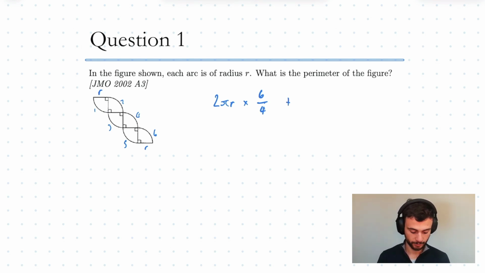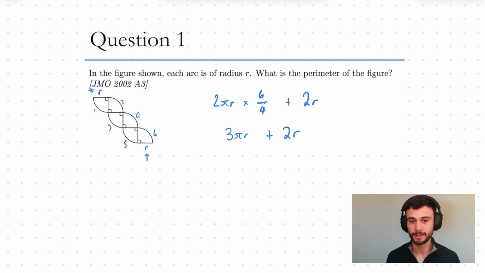And we've got the radius on either side, which is just the straight line, and that is on the perimeter. So we have to add that too. So when we simplify this first part, we'll get 3 pi r plus 2r. We could potentially factorize out the r, but I think that's okay to leave the answer in that form. So that will be our final answer, 3 pi r plus 2r. Cool.